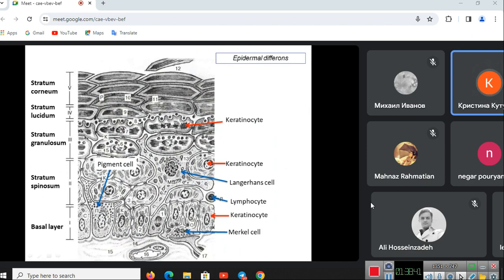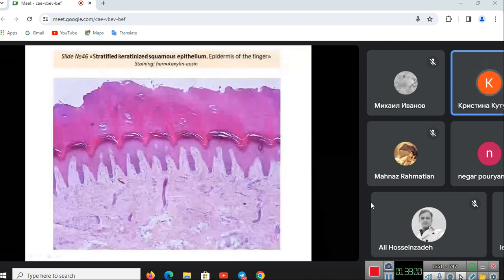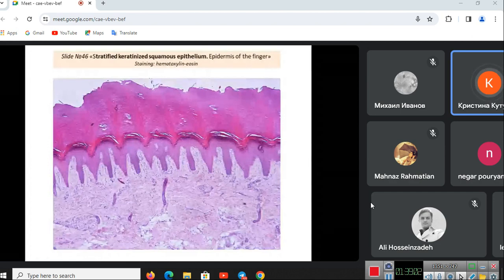Next, pigment cell, melanocyte with granules of pigment, and Merkel cell. Merkel cell is for sensation of touch, and also a lymphocyte is seen here. So this is the preparation of this type of epithelium, stratified keratinized squamous epithelium, in the so-called thick skin section.